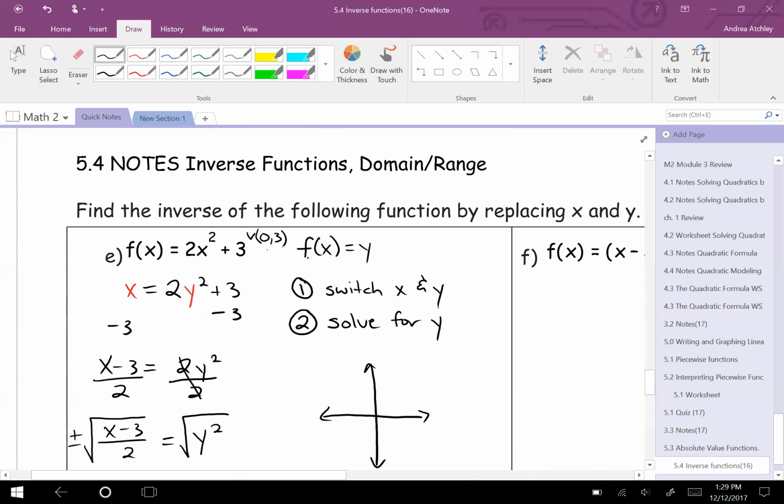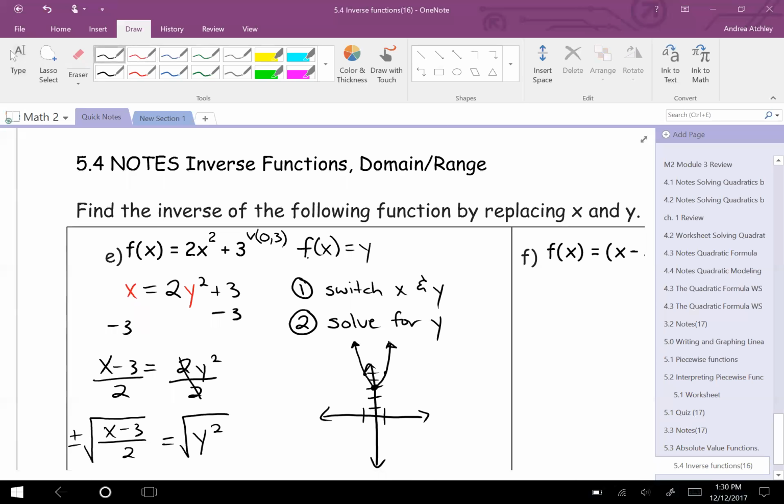This is just shifted up 3, so I can do that. 1, 2, 3. Then my a value is 2, so I have to go over 1 and up 2, over 1 and up 2. So this would kind of be my parabola. Any questions over that?